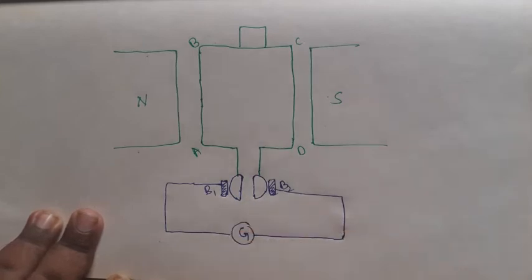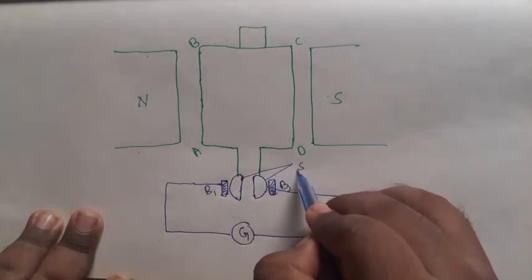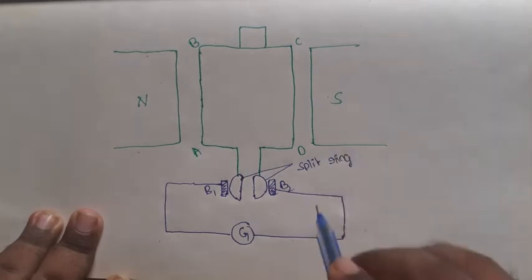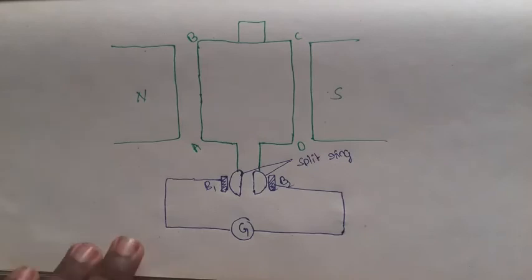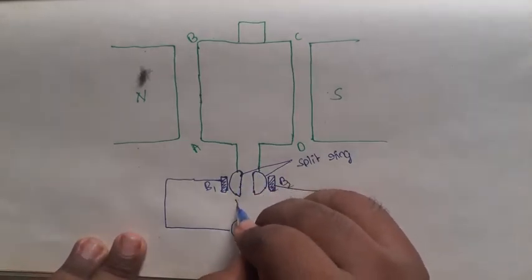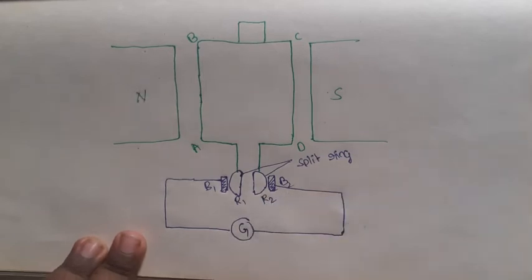In case of AC generator we are using slip rings. Now we are using the split rings, split ring type commutator. The name of this split ring is R1. The name of this split ring is R2.